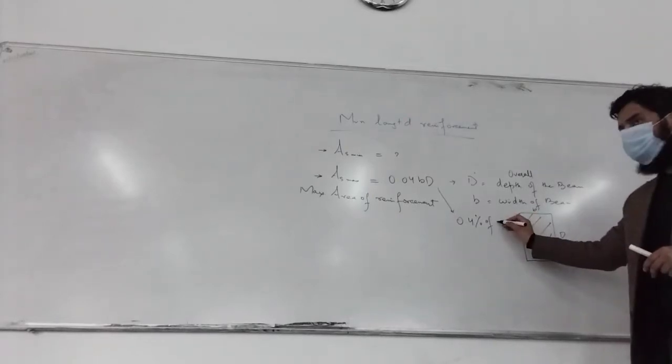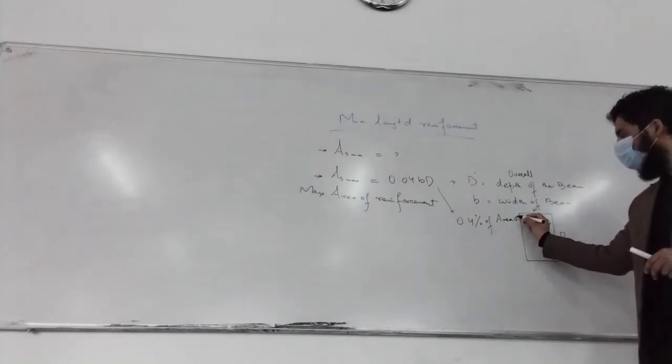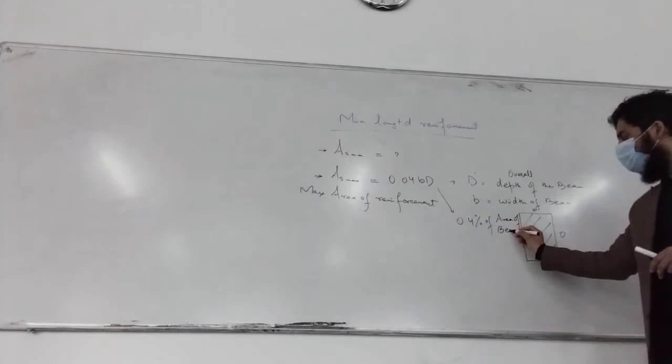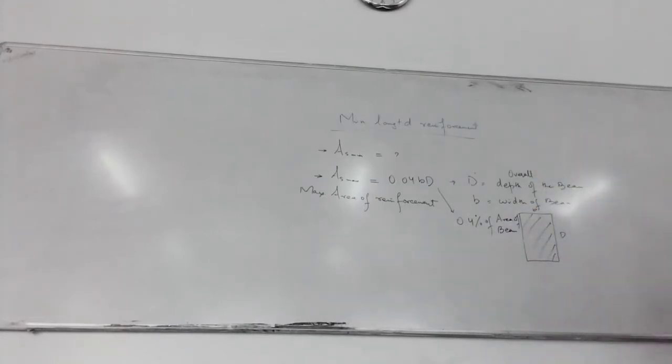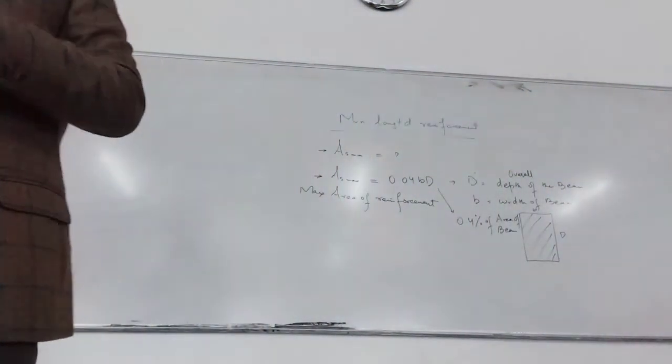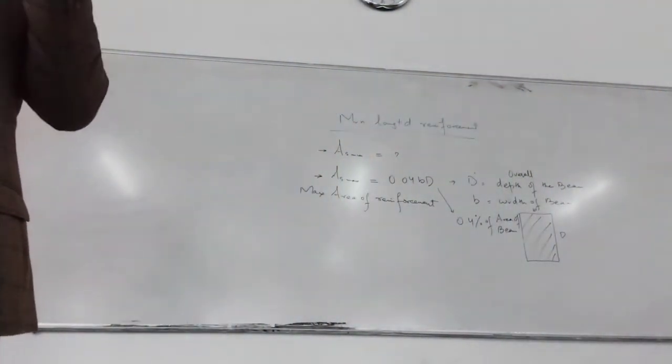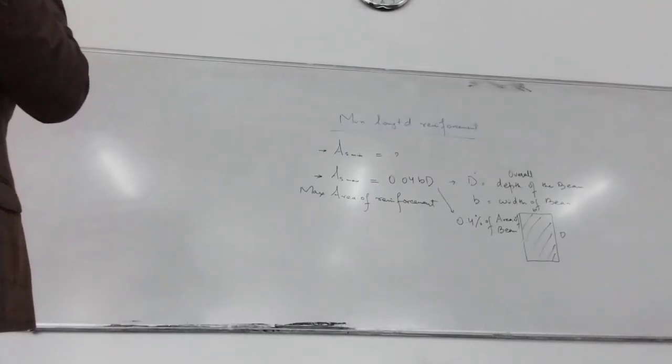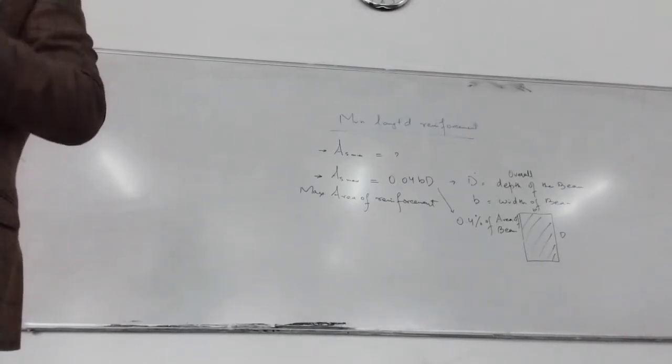So it's 0.4% of the cross-sectional area of the beam. So the maximum reinforcement also has a limit: it should not exceed 0.4% of the cross-sectional area of the beam.